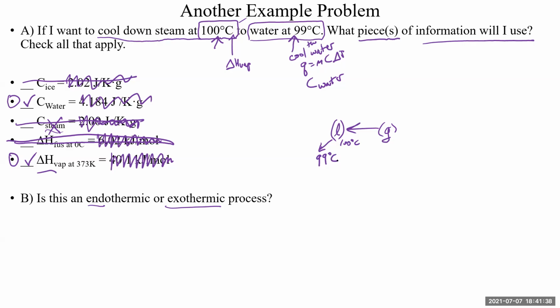So everything about this is removing energy from the water, from the H2O substance. Whether it's in the gas phase going to liquid, that's a loss of energy. And then going from liquid to cooler liquid is also a loss of energy. This is definitely an exothermic process. This substance is losing energy, going from gas to liquid, and then from liquid at 100 to liquid at 99. So it's all exothermic from the point of view of the H2O.